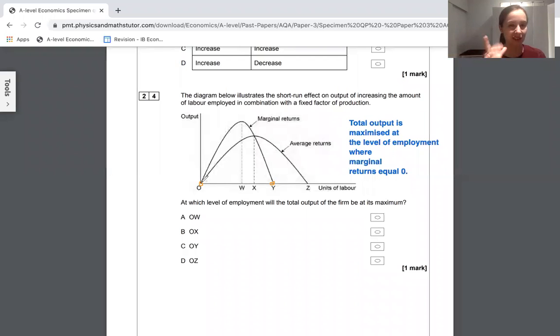Technically, it also equals 0 at the origin. Don't worry about that. You don't have any employees, so clearly you're not having the total output. So this one's something trying to distract you. Just be aware that you will have higher output at y. This is an unfortunate mix-up here to confuse you a bit. So that would be the answer.